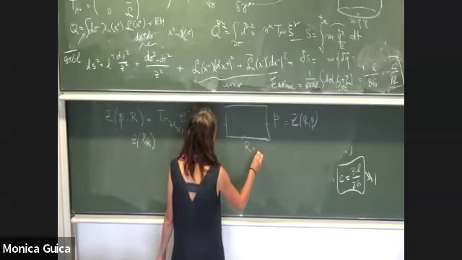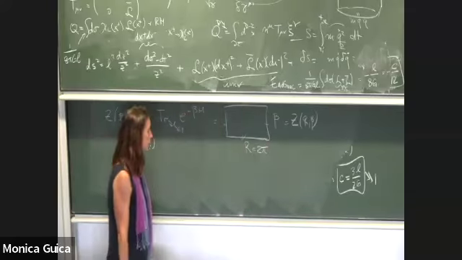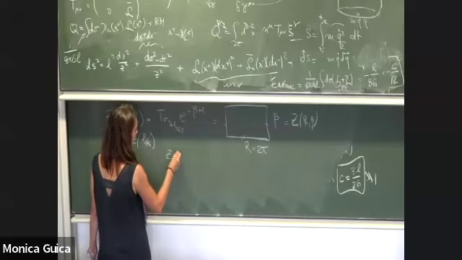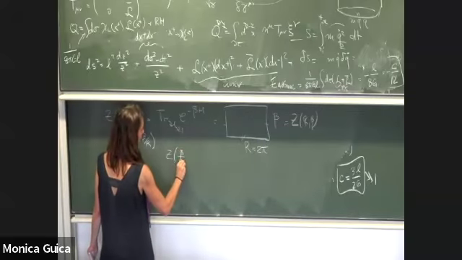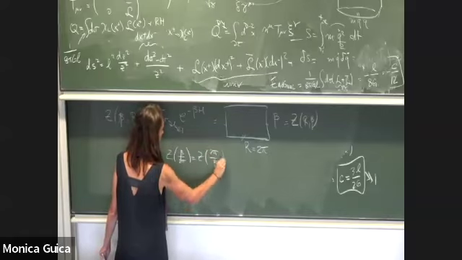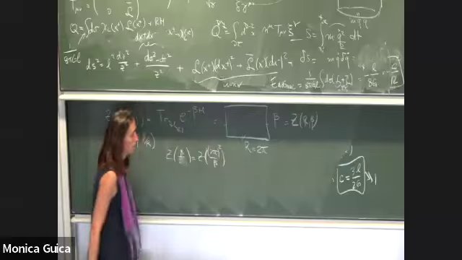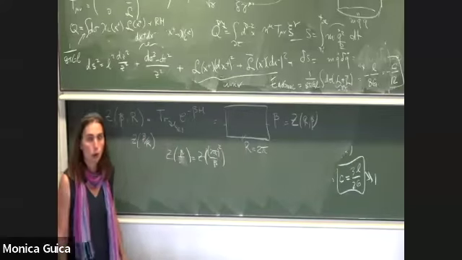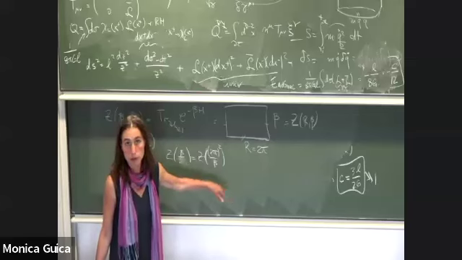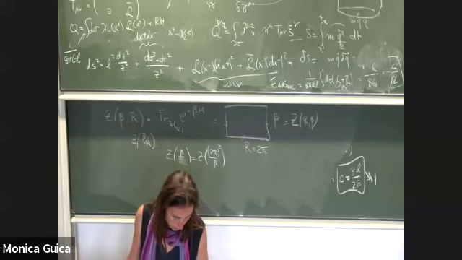Now one normally sets the radius of the circle to be 1, so circumference 2 pi, and from this relation one gets that Z of beta over 2 pi is Z of 2 pi over beta, or if you rescale, you get something else. So the partition function at low temperature is related to the partition function at high temperature via what is called modular invariance.